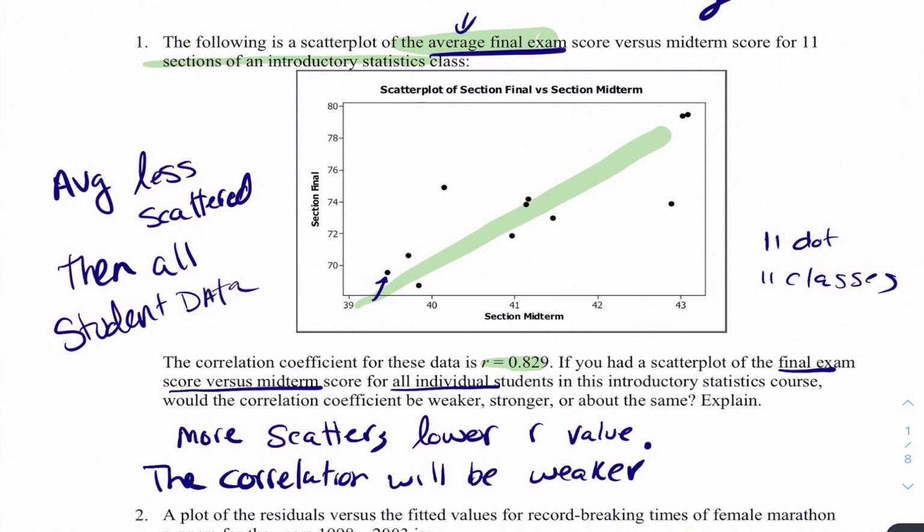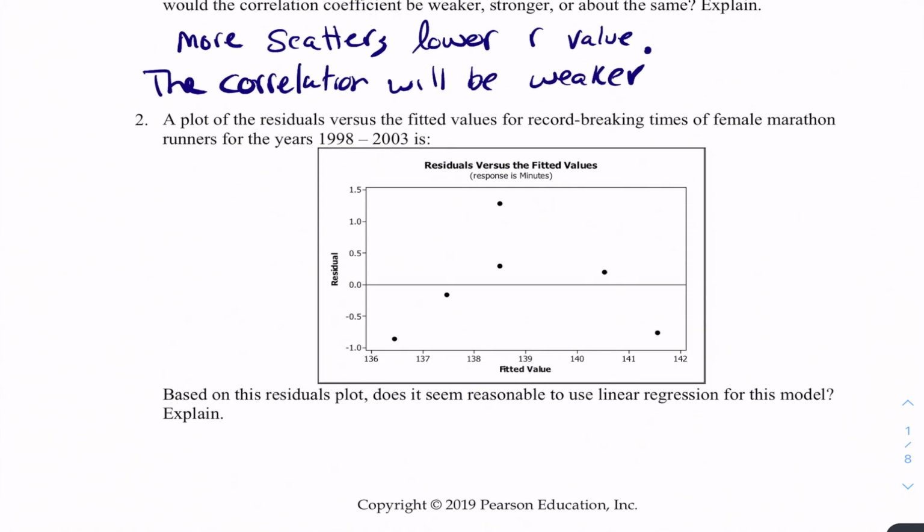So the scatter plot for the final exam for students would show much more scatter and a weaker correlation. So that's number 1. Averages are more concentrated. Individual data points are more scattered. That's the point of that.